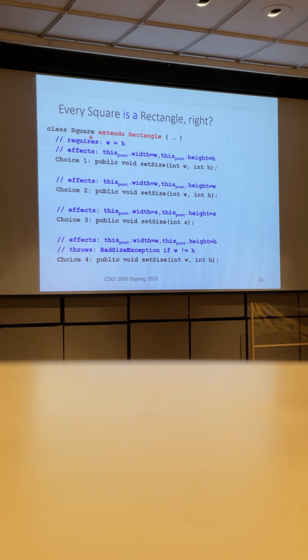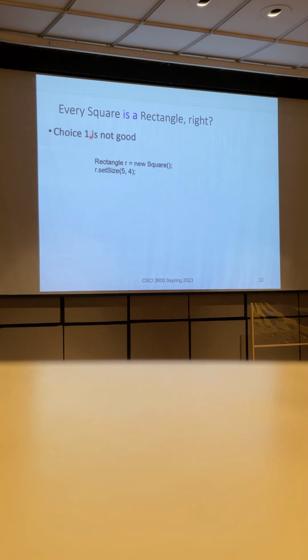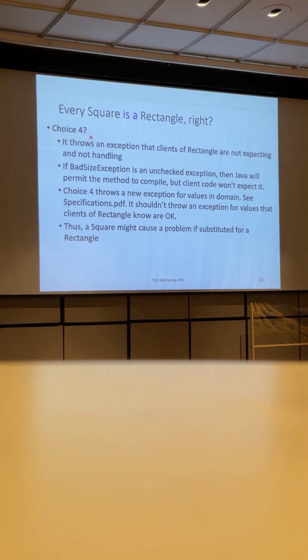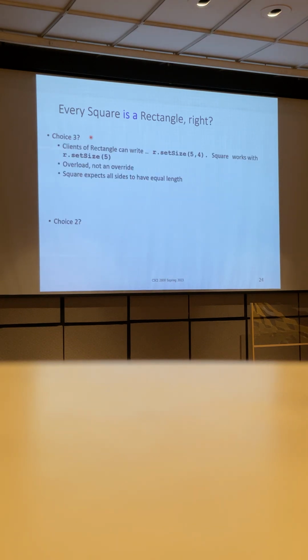Because if not, set size on square is not going to be substitutable for set size in rectangle, which in turn would mean that square is not substitutable for rectangle. Which means it's not a true subtype. Gotcha. So choice number 3 is an overload, not an override.